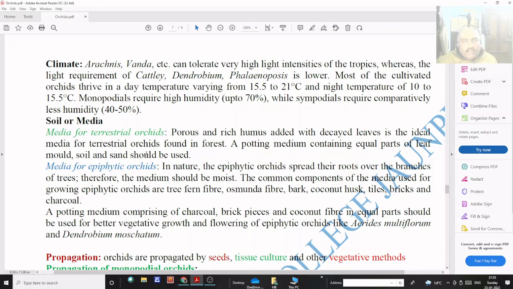For example, we can support the root zone of the epiphytes with the help of moss grass, treated moss grass, or fir or osmunda fiber, and tie them on the trunk of the trees, on the branches of trees, so that when they grow and produce their inflorescence and flowers, they do not break or fall on the ground.